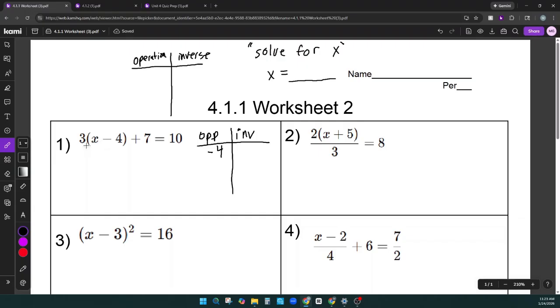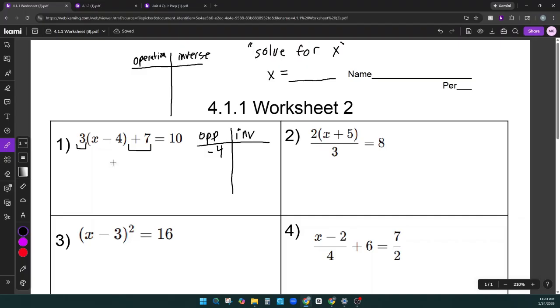So now that I've addressed everything inside, I can now start looking outside. And now you could say that my 3 and my 7 are both affecting my parentheses. One is being multiplied, the 3 in front, whenever a number is next to a parentheses, that means multiplication. And also the 7 is getting added, but they're both affecting my parentheses sort of at the same time. They're both directly outside my parentheses.